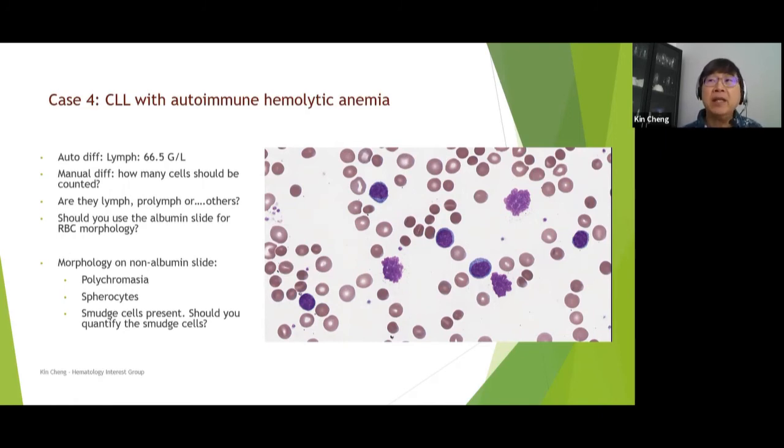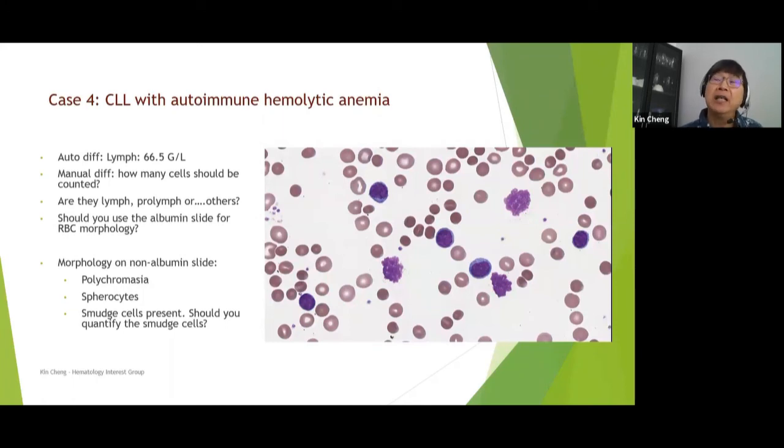One mistake often made is that technologists use the albumin slide to do everything. They use the albumin slide to get rid of the smudge cells, to do the differential, but they also use the albumin slide to do the morphology. When you use the albumin slide to do morphology, potentially everything will look spherocytic. Every red cell will be spherocytic.